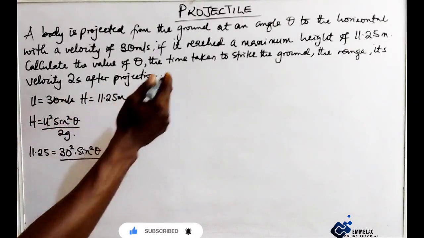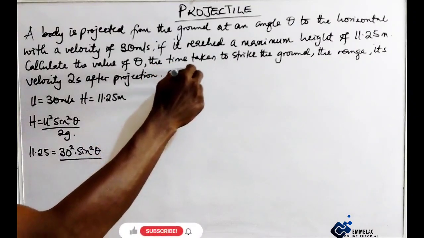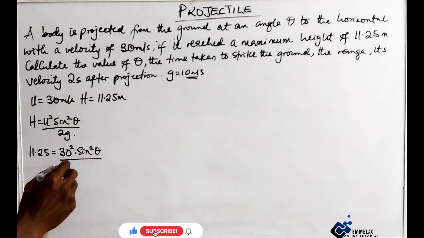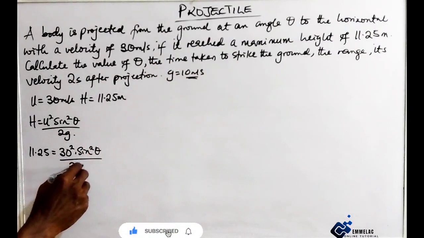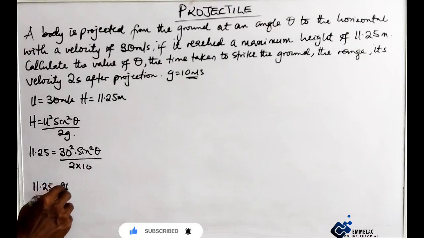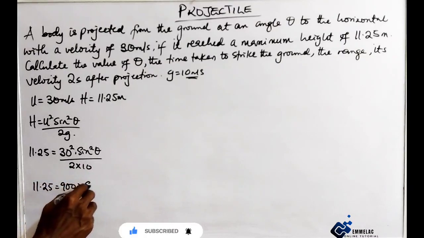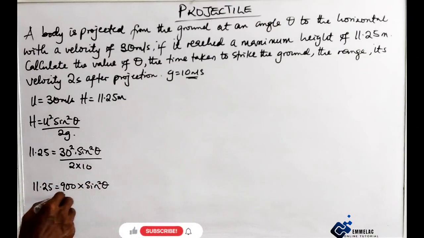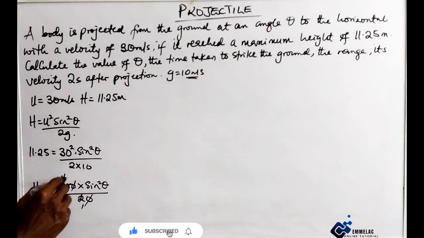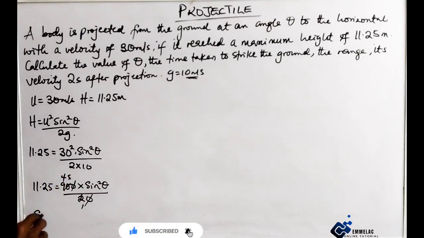It's not given, but let's use g equals 10. So we have 11.25 equals 900 times sine square theta all over 20. The 2 cancels, 2 here, 1, 2 here, 45.